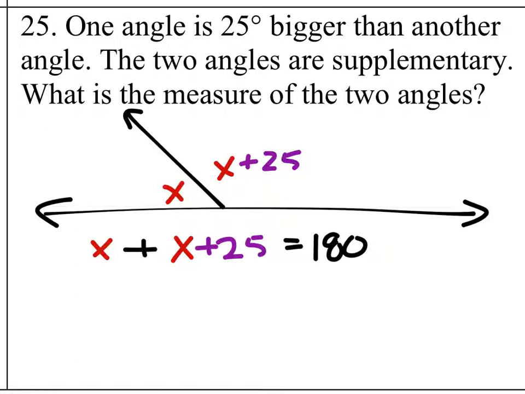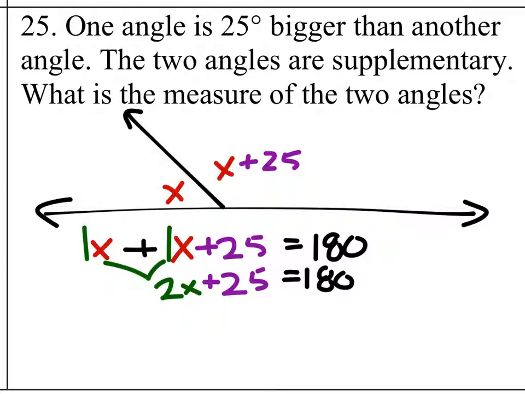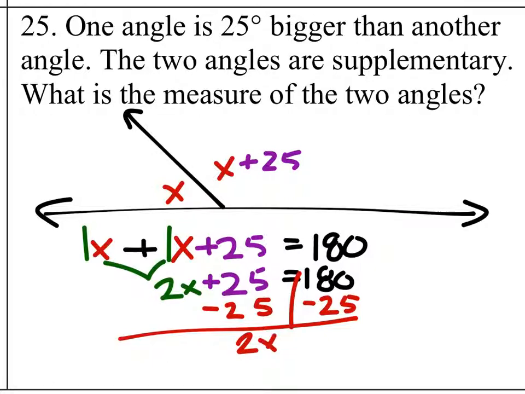Now if we look back, this is 1x and that's 1x, so if I combine them, I got 2x. And to solve for the x's, just like we did in Unit 3, I think, we're going to subtract 25 from both sides. Then I got 2x equals 155. And then we'll divide both sides by 2.